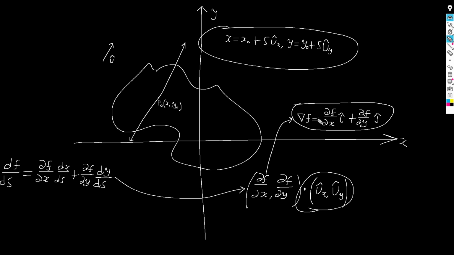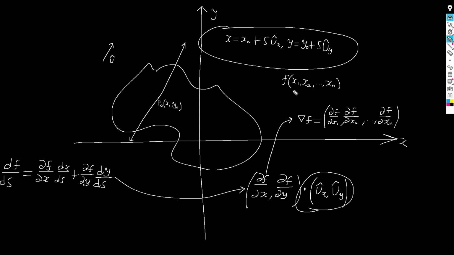This is the gradient vector of a function f. In general, if f is a function of n variables, grad f will be a vector with n components, with each of the components being a partial derivative with respect to each of the variables.